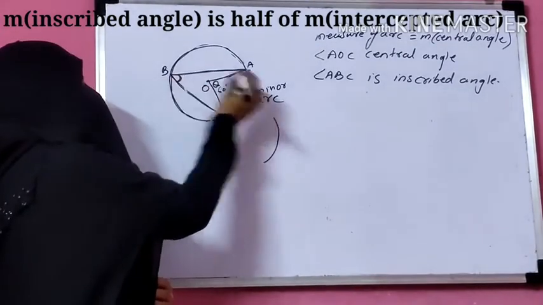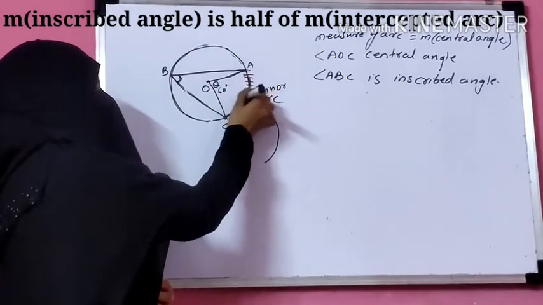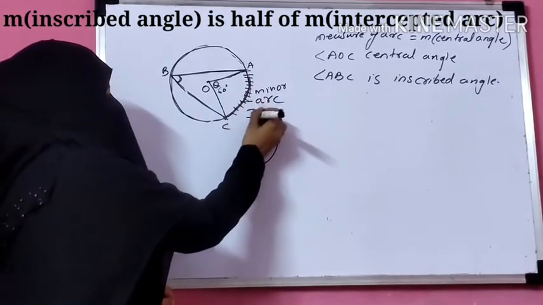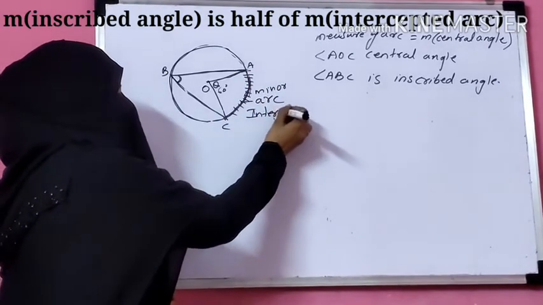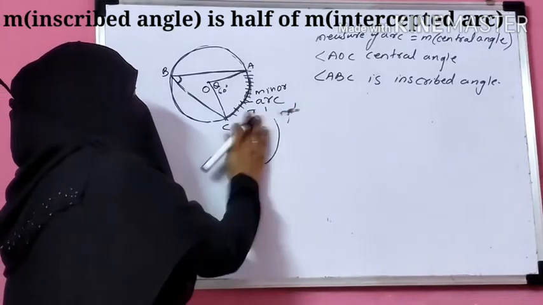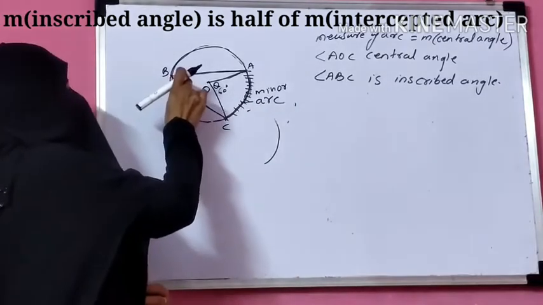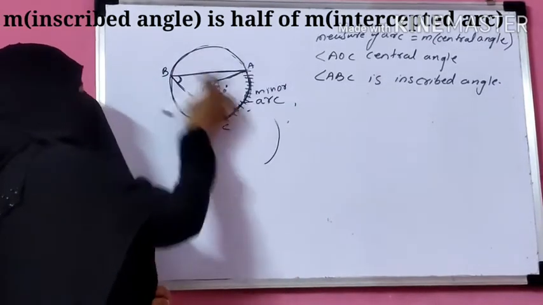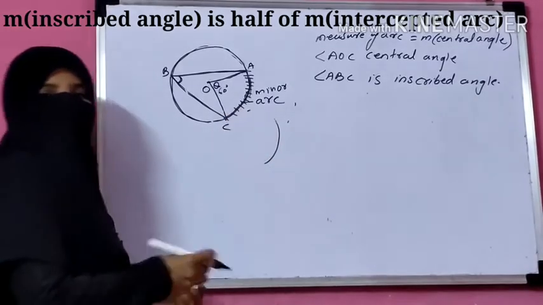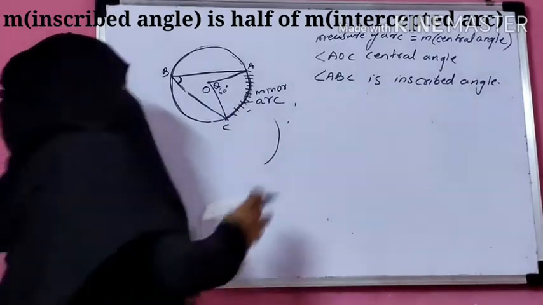This is the inscribed angle and the arc is called the intercepted arc. The measure of the inscribed angle is half of the measure of the intercepted arc.